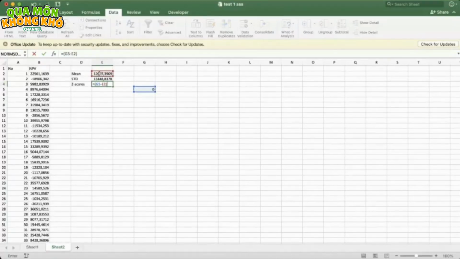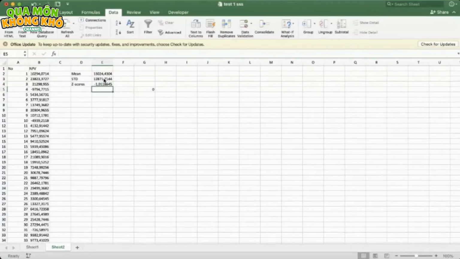Then we divide by the standard deviation, so we can get the z-score. And from the z-score, we can know the probability of the NBV when the NBV is negative. We will use the NORM.S.DIST function to get the probability from the z-score.